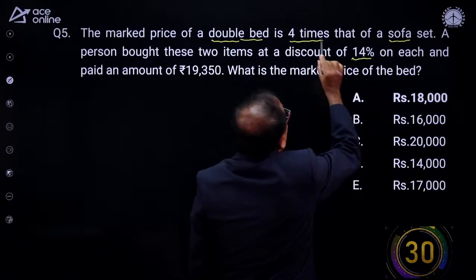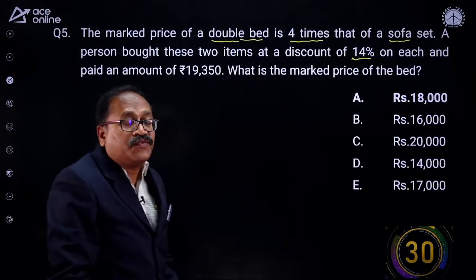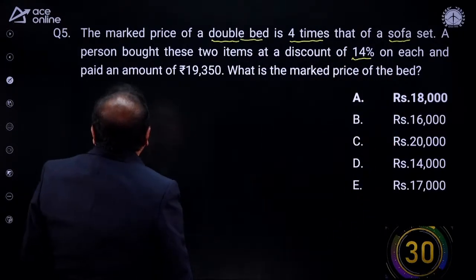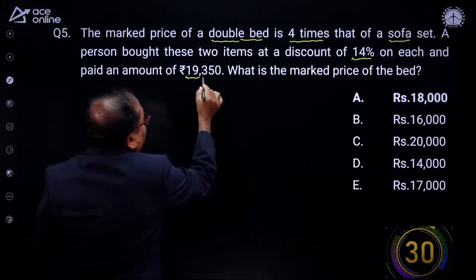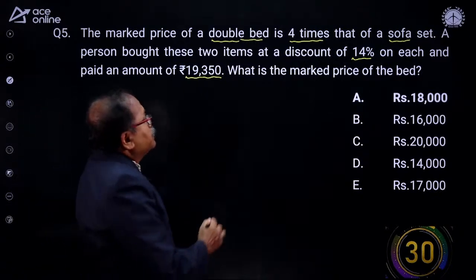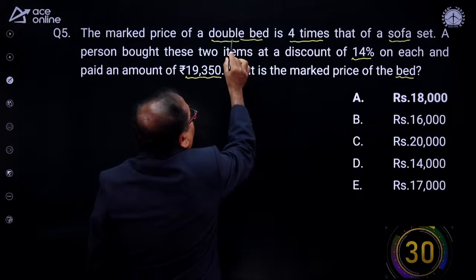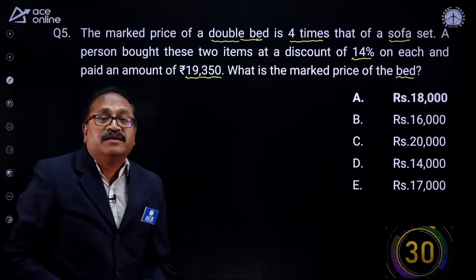So on the double bed it is 14% and on the sofa also it is 14%. And paid an amount of rupees 19,350. Now what is the question? What is the mark price of the bed? We have to find the mark price of the double bed.